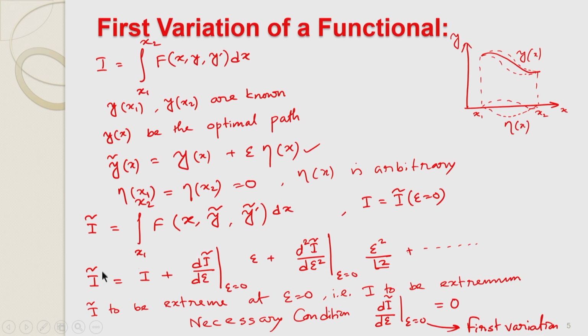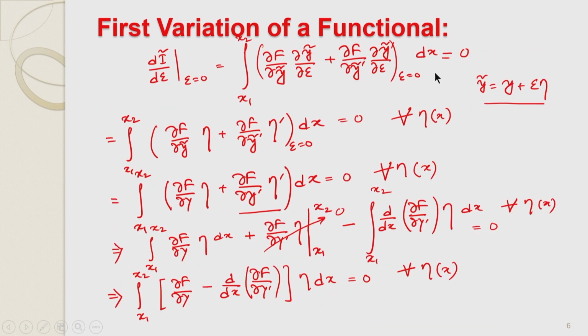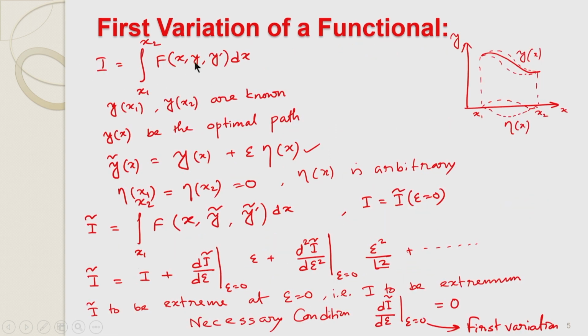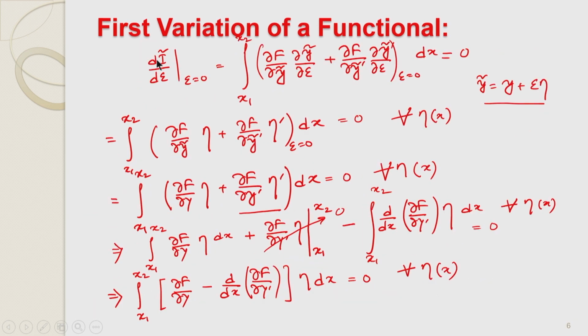Now, for I tilde to be an extremum, this first variation should be 0, and because the functional is dependent on y and y prime, this first variation can be expanded using chain rule, where y tilde is y plus epsilon eta.